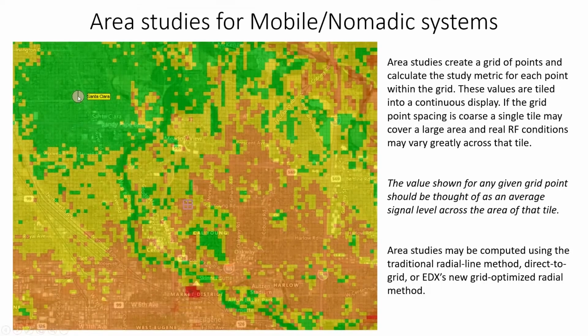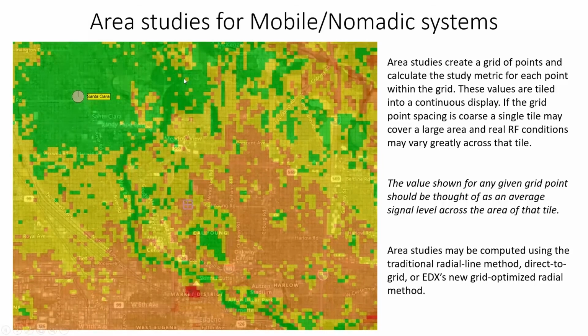For a typical area study, we will create radial paths around the site. So in other words, for every compass direction, we'll extract out the terrain and the land use, land clutter around that site, and get the coverage at different distances going away along those radials.